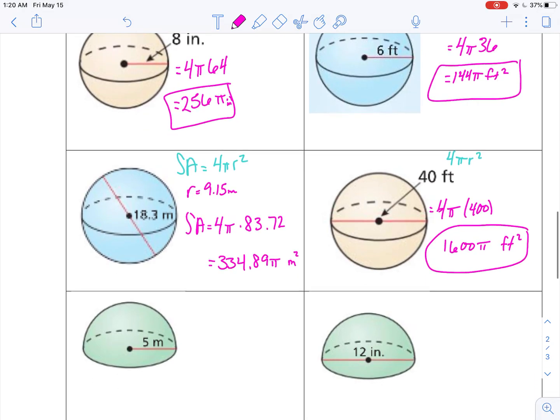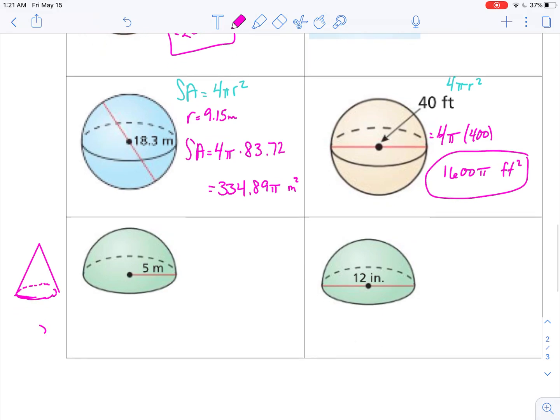But what if I have a hemisphere? Well, remember yesterday we talked about cones, and we said, well, cones, you can kind of split them into two separate pieces. You've got the lateral surface area here, so cones.